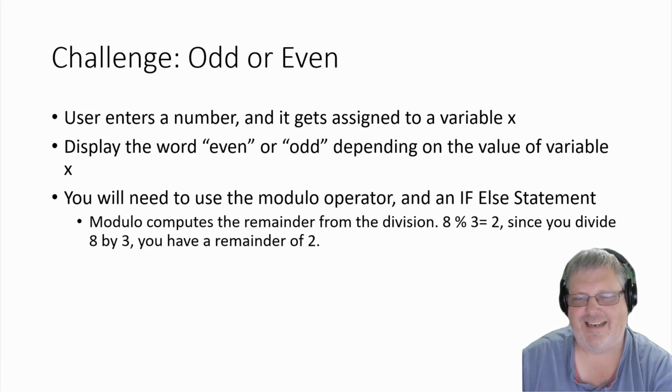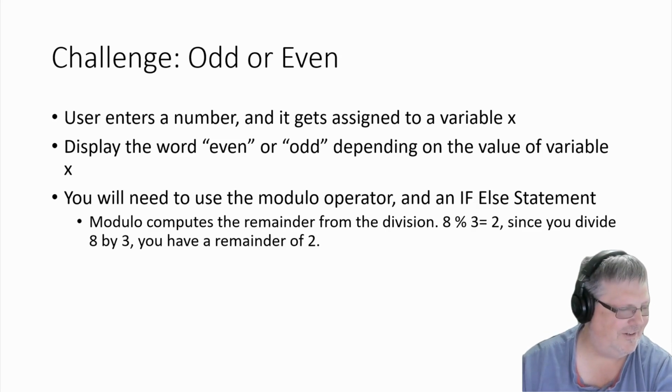You will need to use the modulo operator and an if else statement. Modulo computes the remainder from the division. 8 modulo 3 equals 2. Since you divide 8 by 3, you will have a remainder of 2. So that's how you get that.